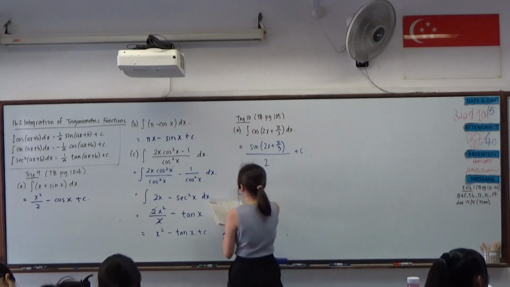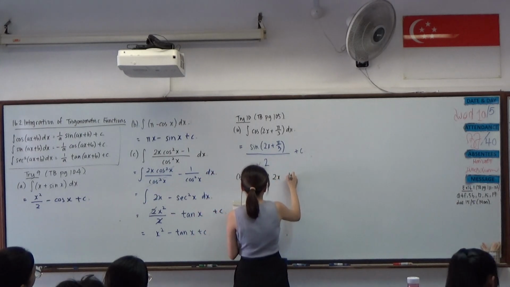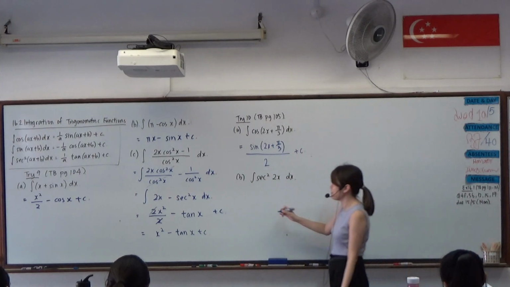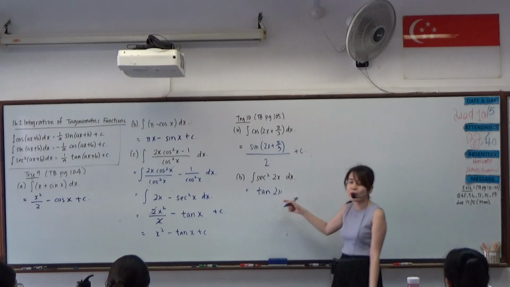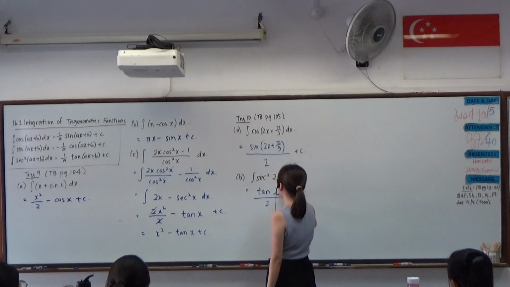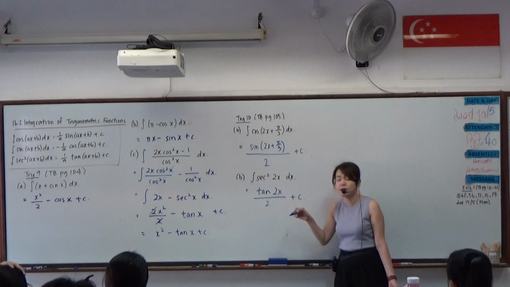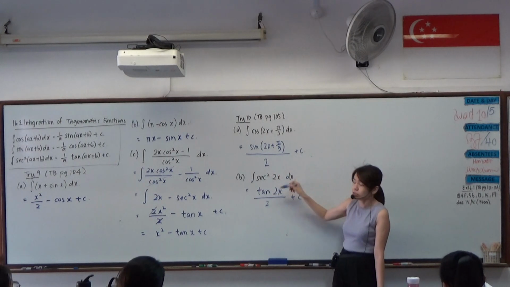Then part B. Integrating our secant square 2x will give us our tangent. The angle is maintained the same, 2x first, then we divide. And we cannot cancel the 2 away. This 2x sticks with the trigo function, so it cannot be cancelled.